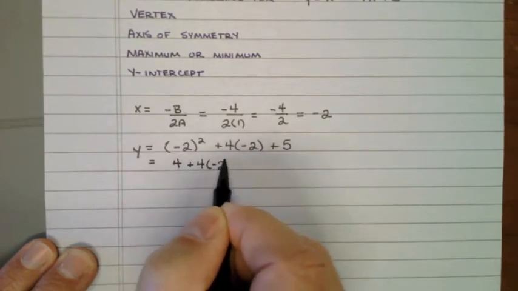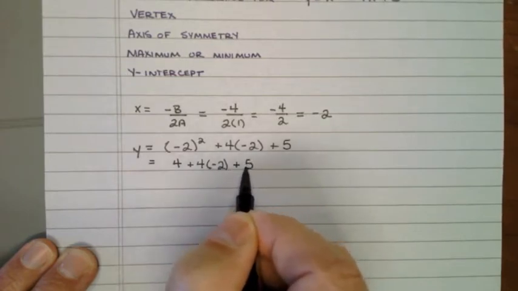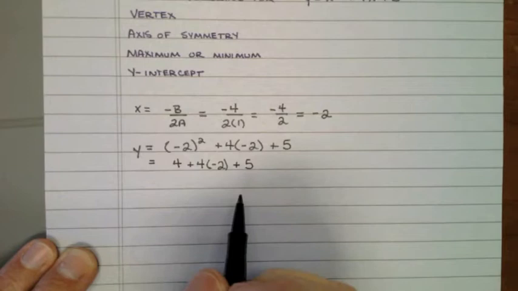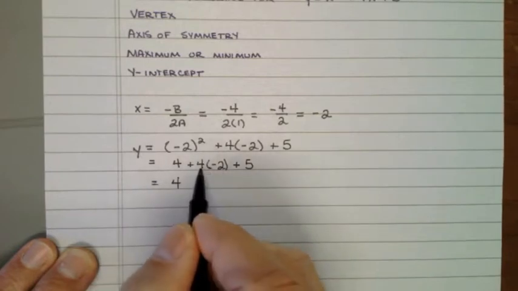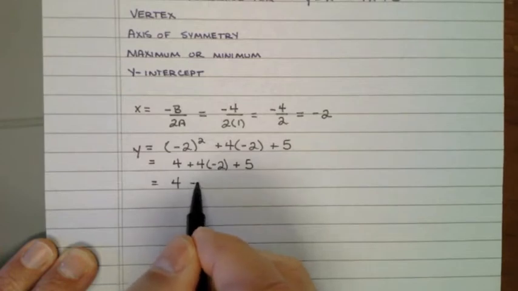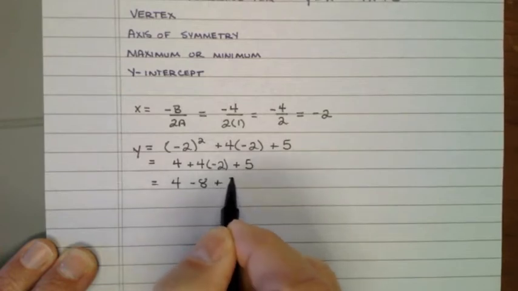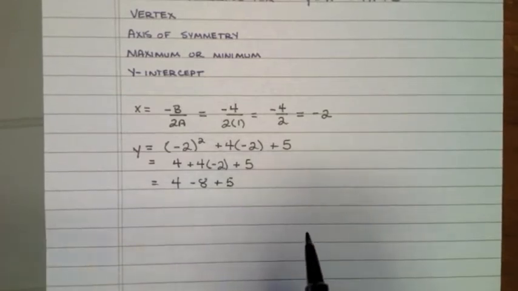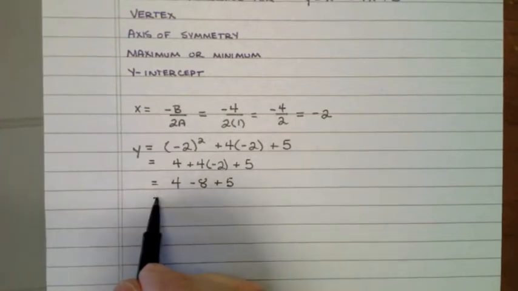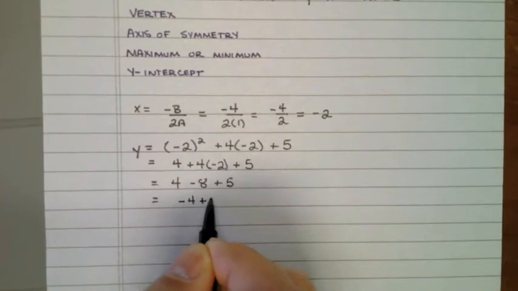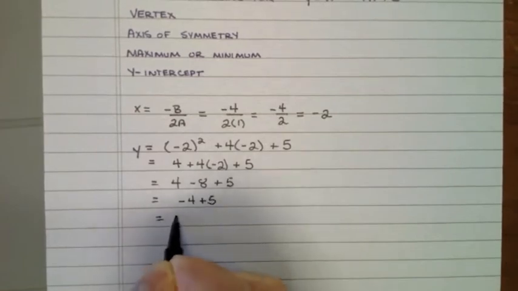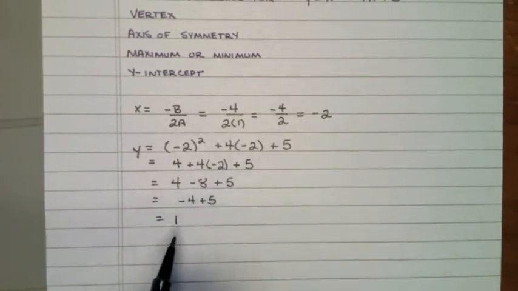Always do my exponents before I do any multiplying or dividing. Multiply these two together. That's positive 4 times negative 2. Now I need to do my adding and subtracting. 4 minus 8 is negative 4, and negative 4 plus 5 is 1. My y coordinate for my vertex is 1.